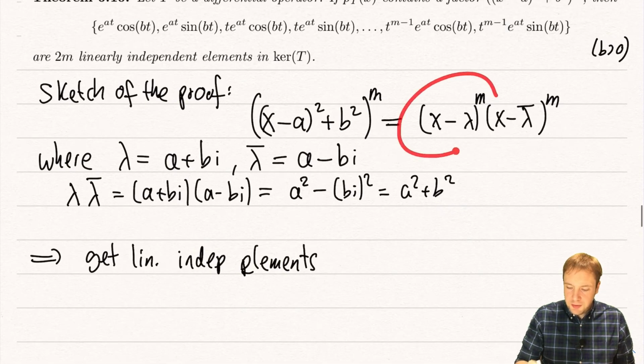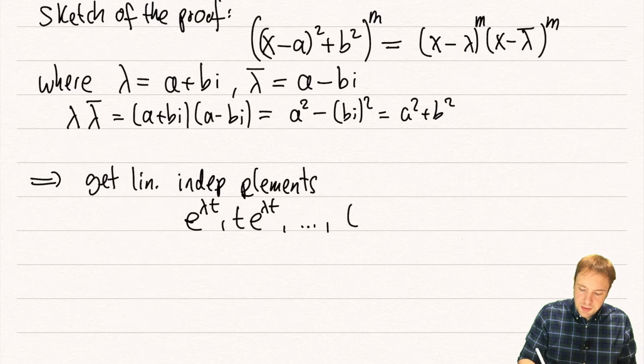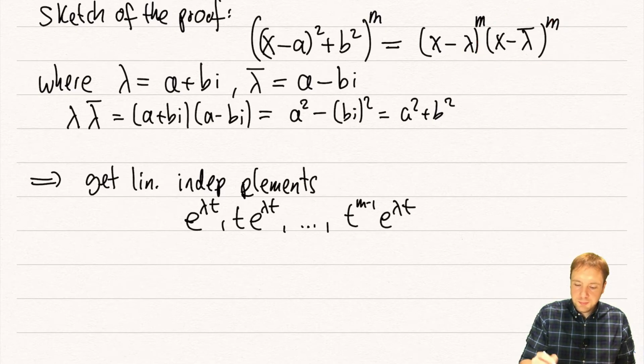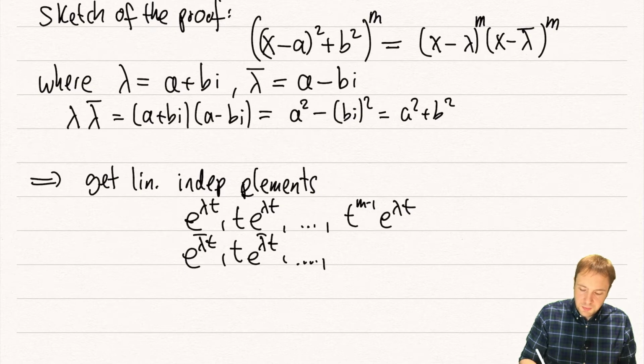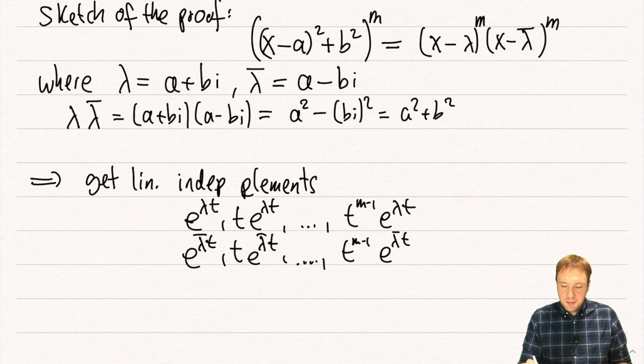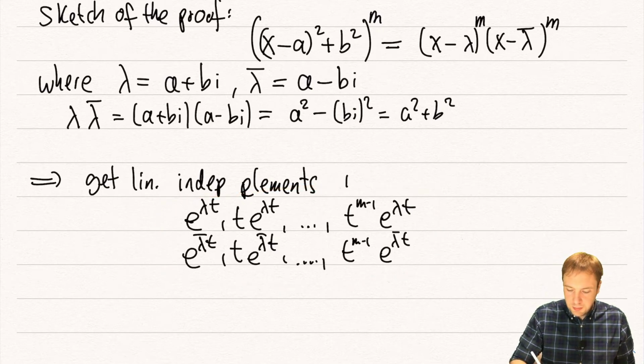And for this term here we have the same elements again: e^(lambda t), t times e^(lambda t), up to t^(m minus 1) e^(lambda t). And for this term here we have e^(lambda bar t), t e^(lambda bar t), up to t^(m minus 1) e^(lambda bar t). So these are 2m elements, and these are also in the kernel of T.